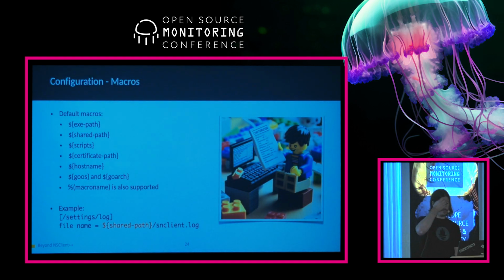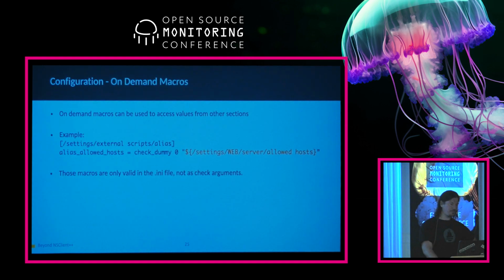You can use macros. That's not a new thing, but we added a couple of new ones, for example the host name or the operating system or the architecture, and that's how it's used. So you just have the setting and you put in a macro, and then the value is replaced while reading the ini file. It's not replaced during runtime, it's replaced once while reading the ini file.